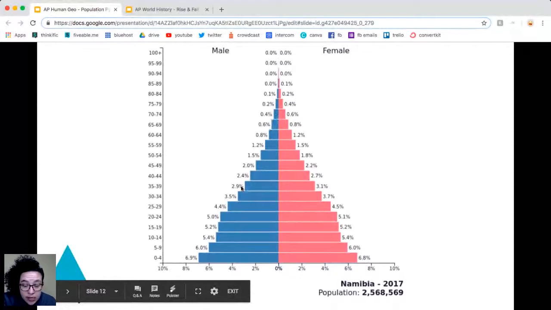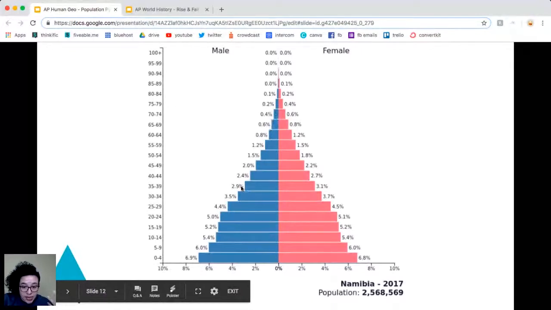This is the US. The US has a population of about 326 million people. You can see here it's more of the rectangles, more boxy. The birth rates in the US, the size of this line is pretty close to the size of this line. We have a similar number of 65-year-olds as we do infants.